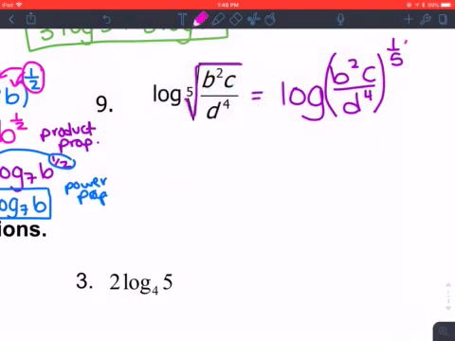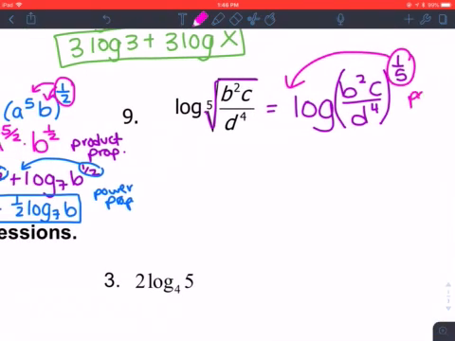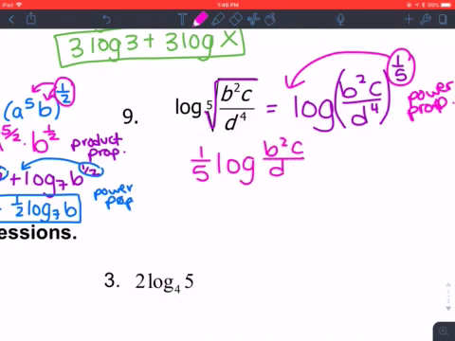Okay, I'm going to try this one by starting with my power property. So we have 1/5 times the log of b squared times c over d to the fourth.